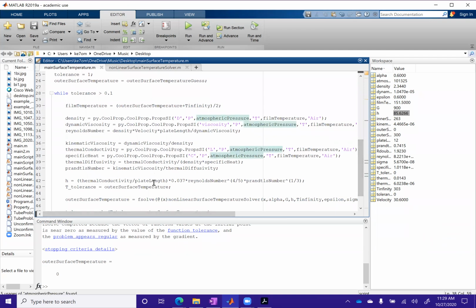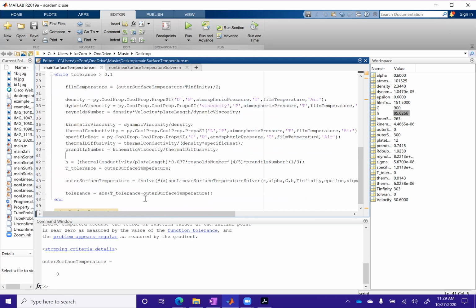Yeah, so let's see, H is equal to 85, and then I say tolerance is equal to, outer surface temperature is equal to F solve at X, non-linear surface temperature solver.